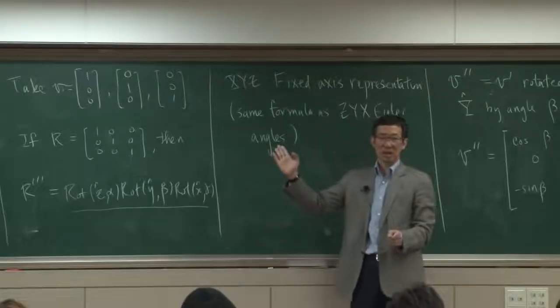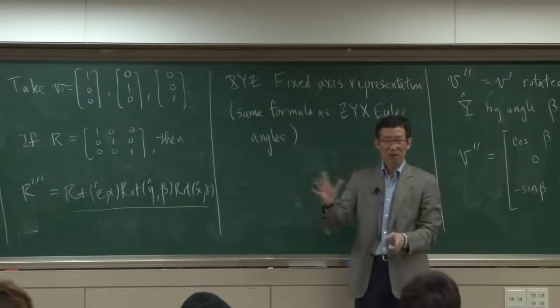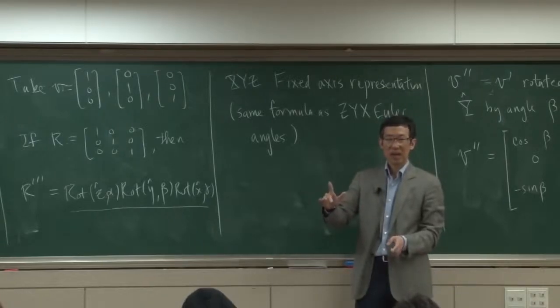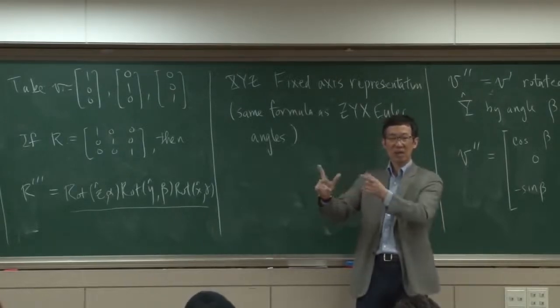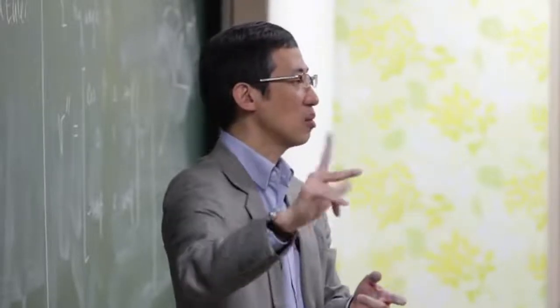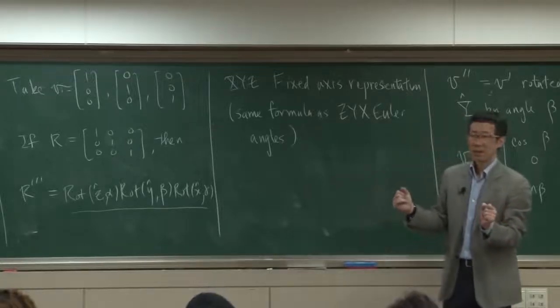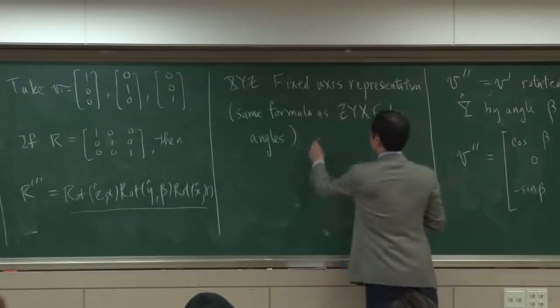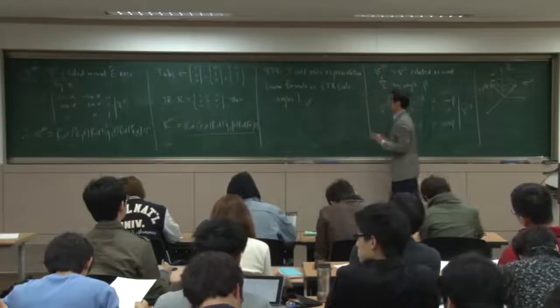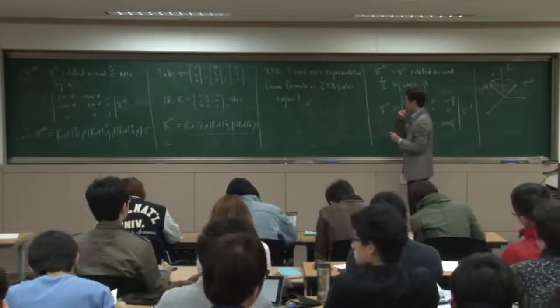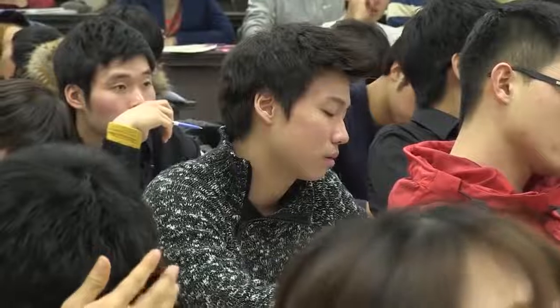The order of rotations is reversed, and the rotations are taken in one case with respect to the moving frame, in the other case with respect to the fixed frame. I think that's a good thing to know.